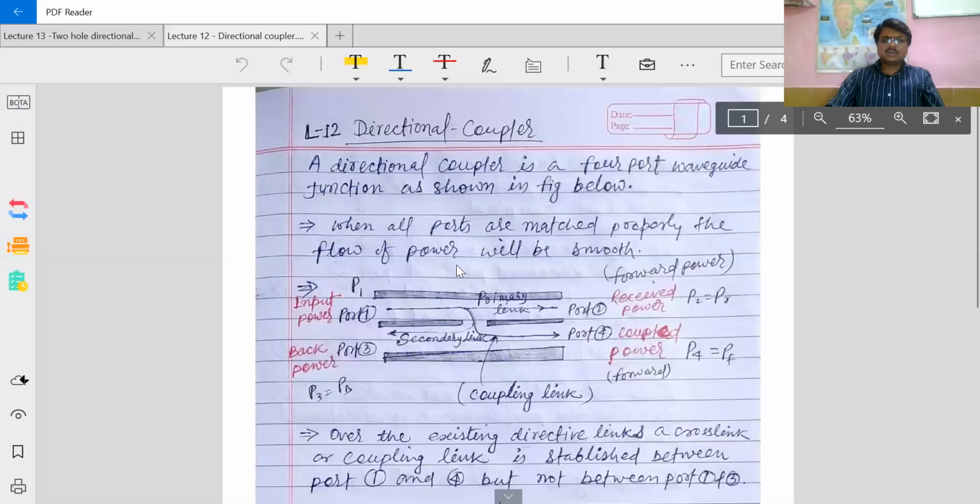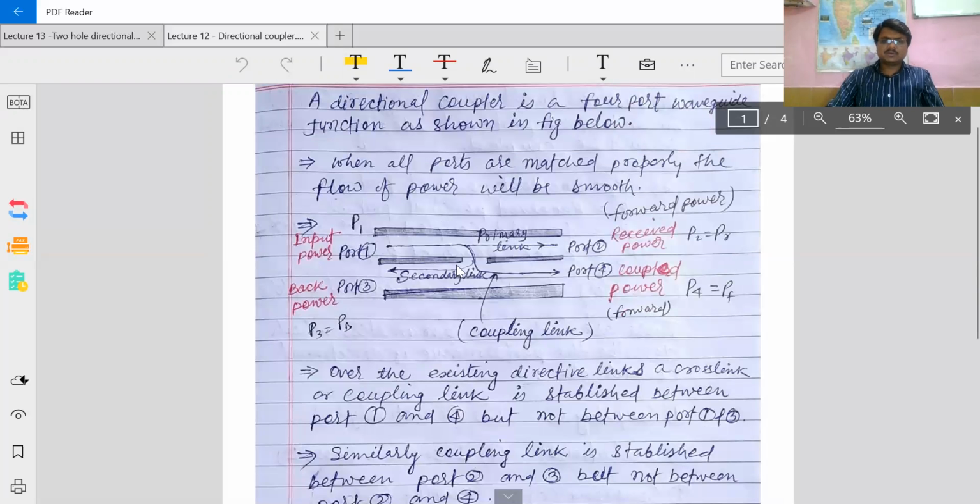There are many types of directional coupler: 3 dB directional coupler, 10 dB directional coupler, 20 dB directional coupler, 30 dB directional coupler. I will explain each of these 3 dB, 10 dB, 20 dB when we discuss its coupling parameter.